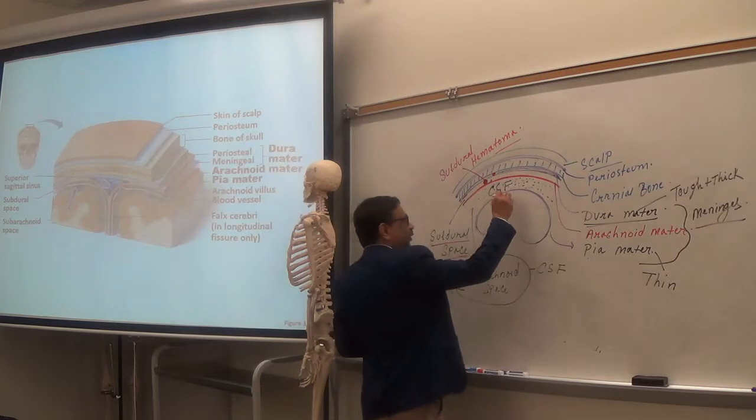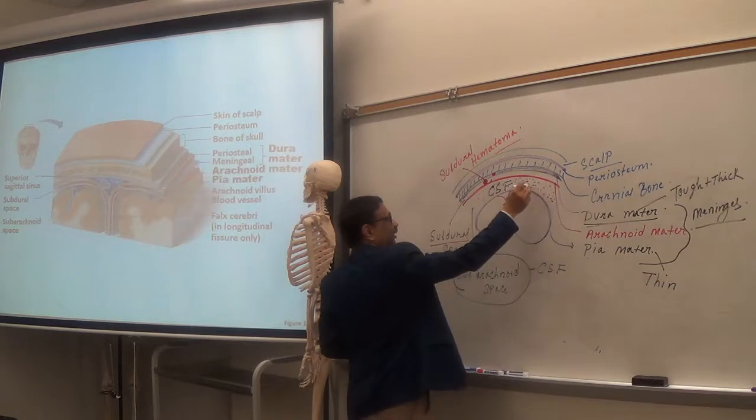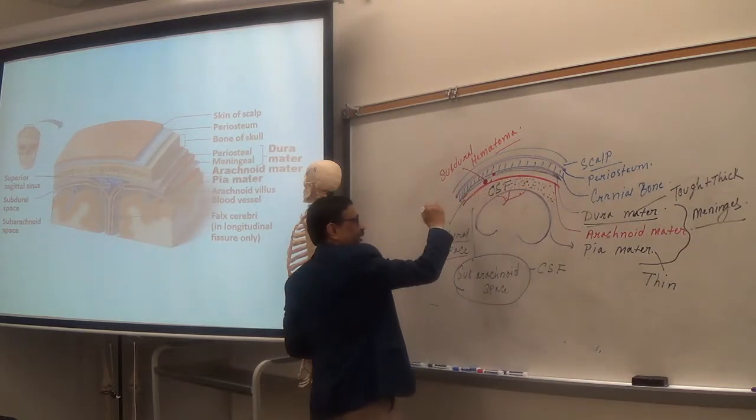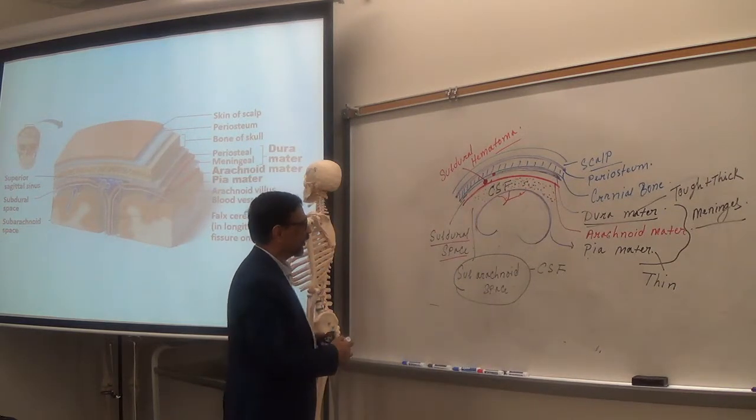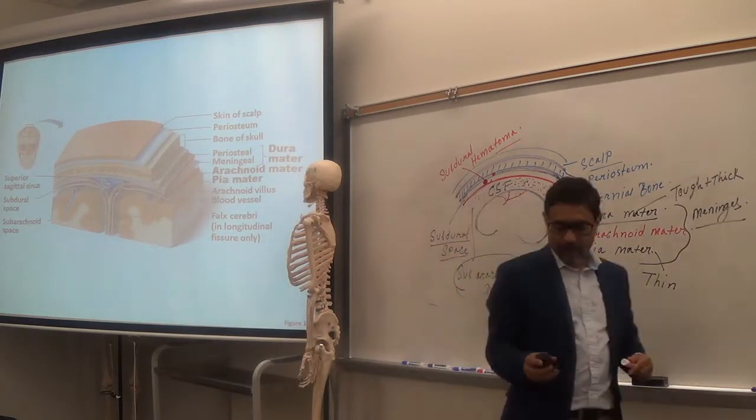Now, if bleeding occurs here in the brain, that blood can go to the fluid and we can detect the blood cell in the cerebrospinal fluid. Anyway, so those are the protections.